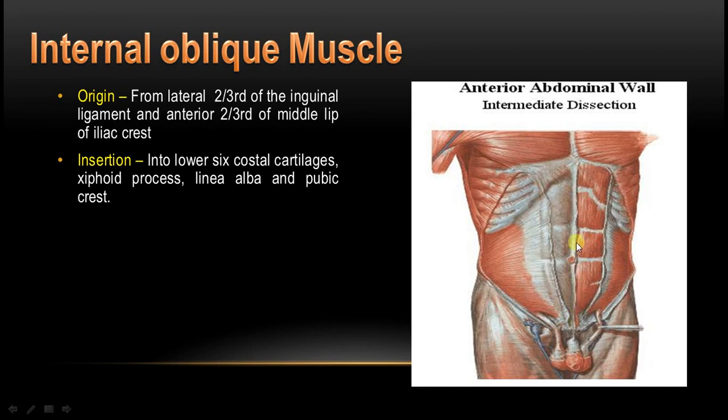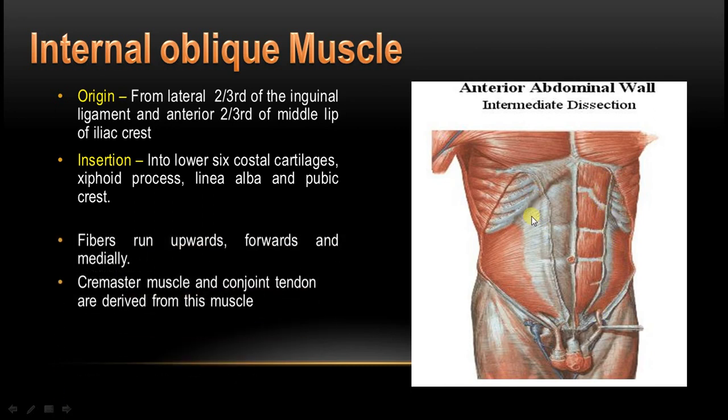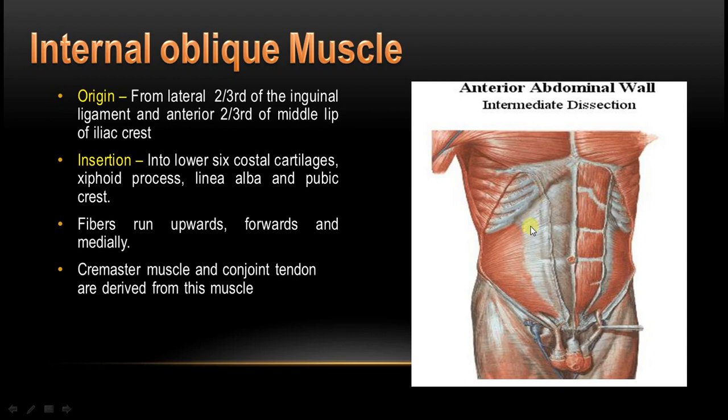Now, before getting inserted into the linea alba, at the lateral margin of the rectus abdominis, the aponeurosis of the internal oblique splits into an anterior lamina and a posterior lamina to take part in the formation of the rectus sheath. So the aponeurosis splits and passes in front of and behind the rectus abdominis muscle.